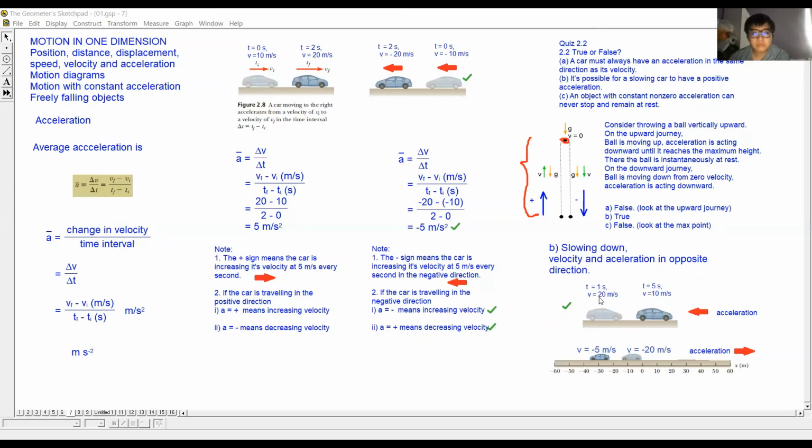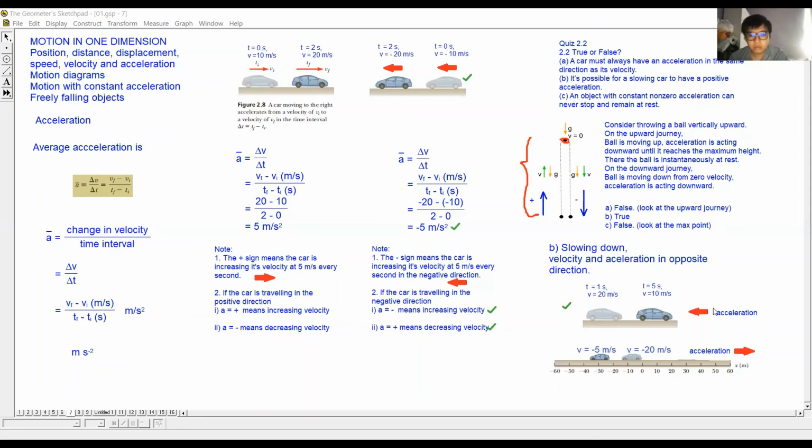Now, it is slowing down. At first, 20 meter per second. Finally, it is 10 meter per second. So it is actually slowing down. And we say that the velocity of the car and the acceleration, they are in the opposite direction.